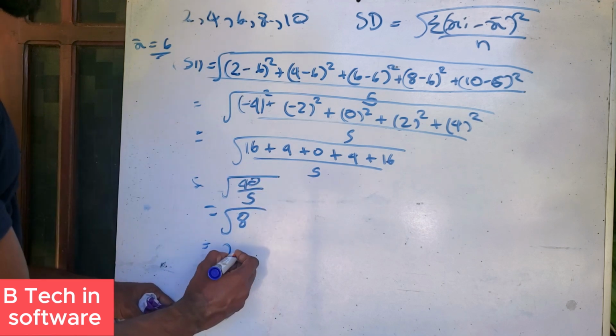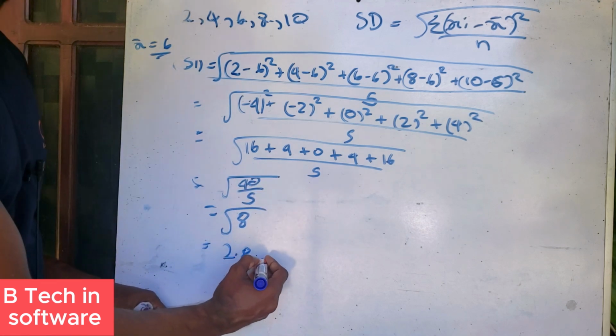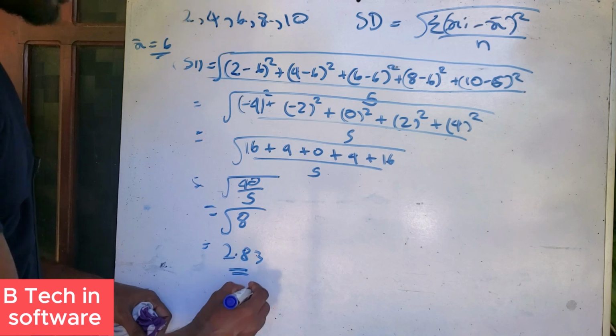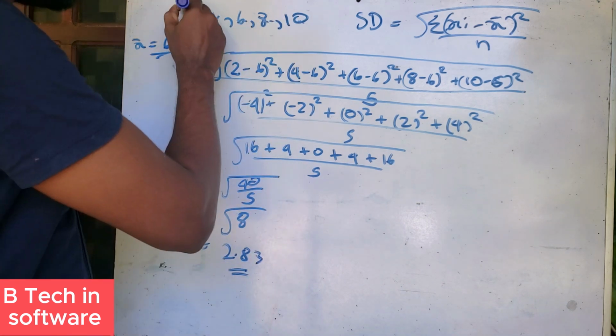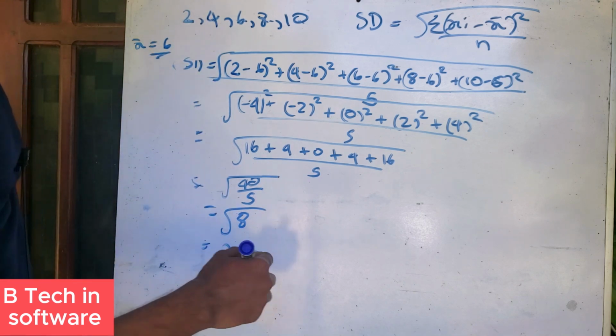Now you will get 2.83. The standard deviation for this ungrouped data sequence is 2.8.